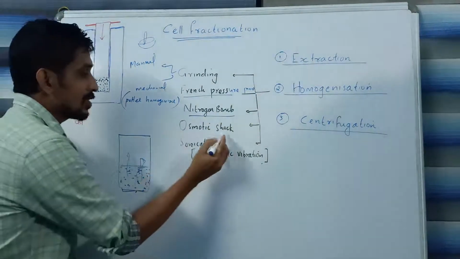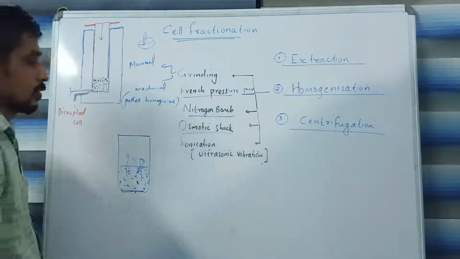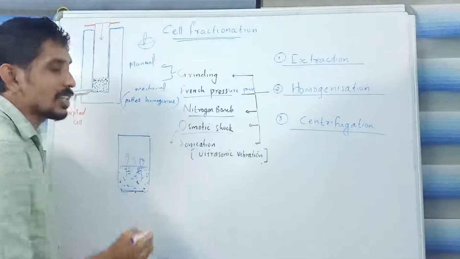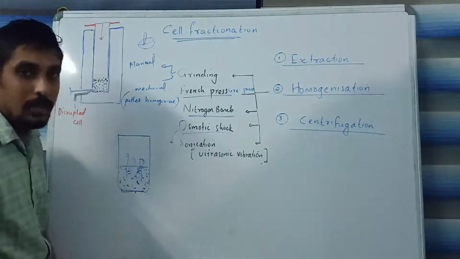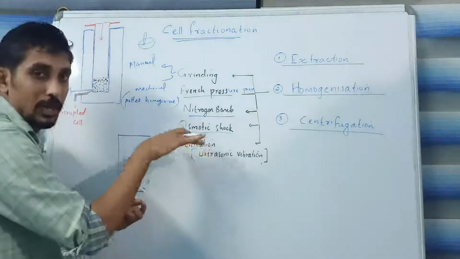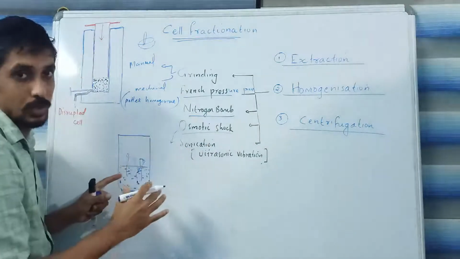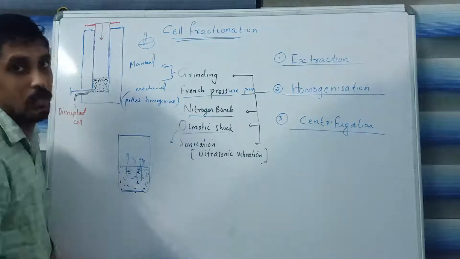And the next method is called osmotic shock. Osmotic shock is a special technique to break the cell wall and cell membrane. In osmotic shock, normally we keep the cell in an isotonic solution, a solution having the same water potential or same osmotic pressure.